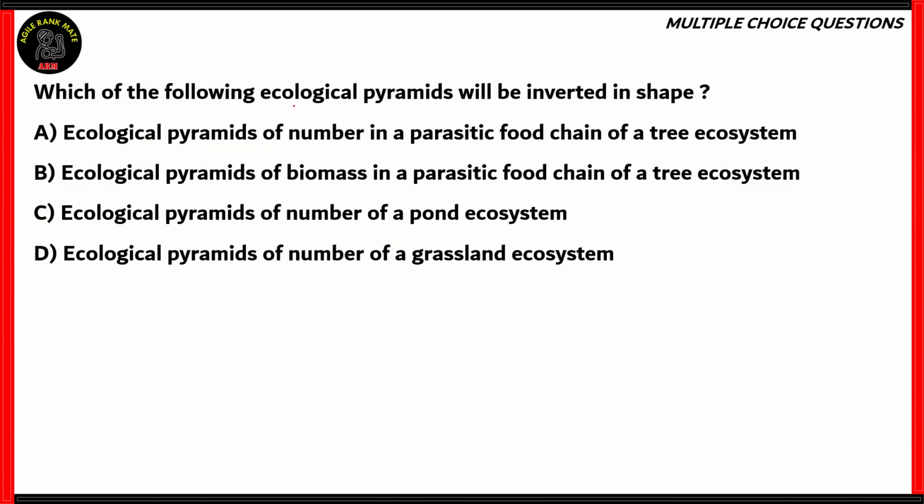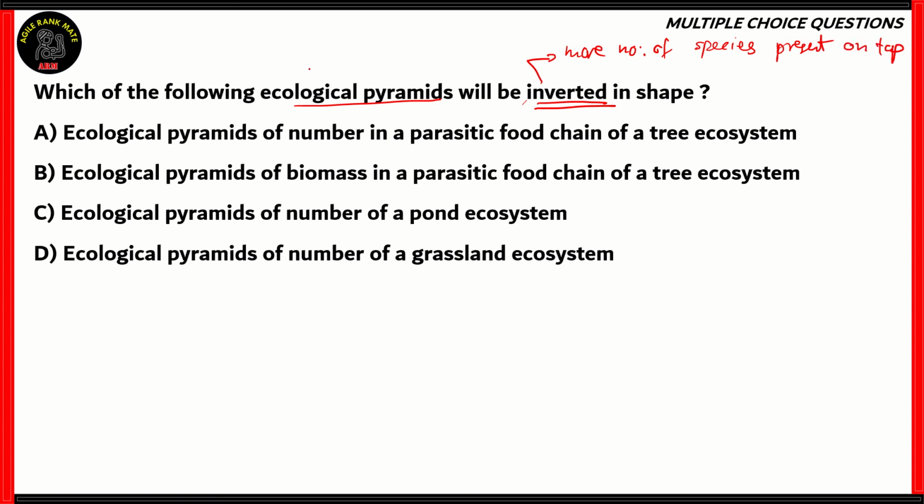Which of the following ecological pyramids will be inverted in shape? Now, what is the idea behind having an inverted pyramid? An ecological pyramid is inverted when there are more species, or more biomass, present on top.